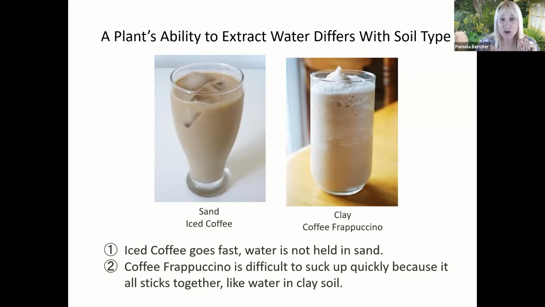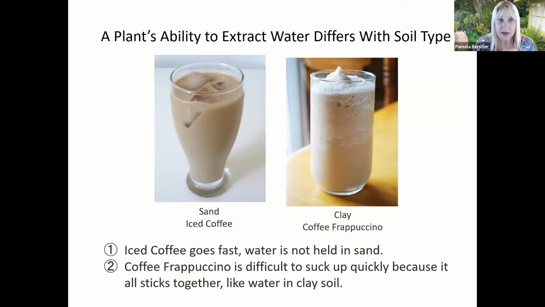If you stuck a straw into this glass and acted like a plant and tried to suck out just the coffee, it would be very easy to do, because the particles are not holding on to the coffee very well.